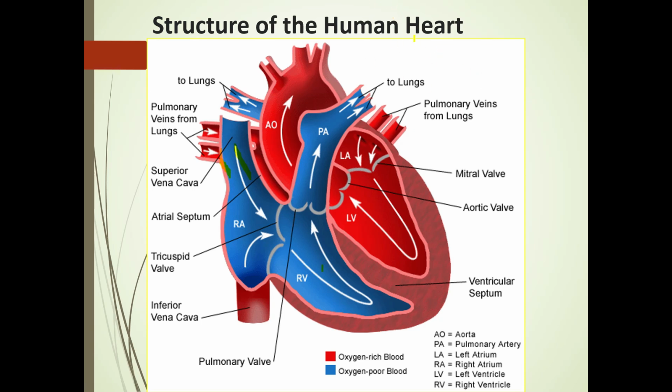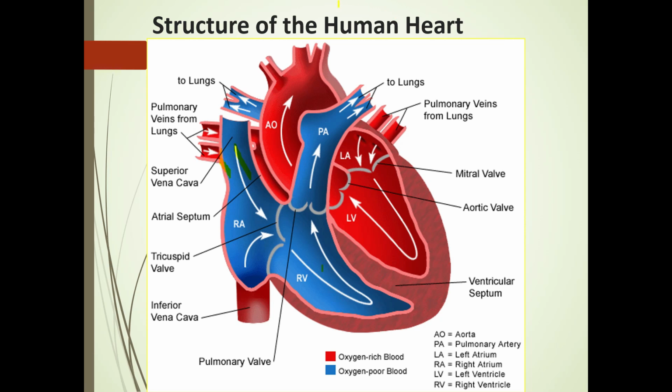Now they become oxygenated blood. So the deoxygenated blood that went to the lungs has now changed to oxygenated blood, because it has taken up oxygen at the lung.